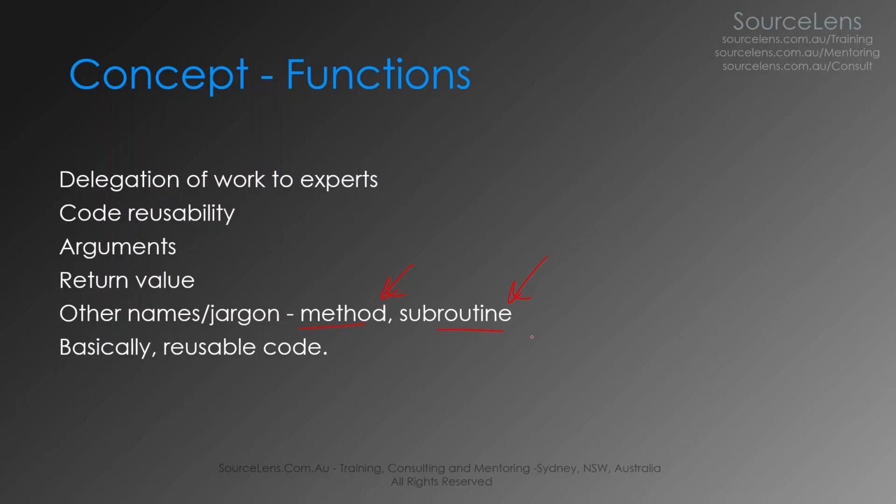I have seen this used in pretty old documents from the 80s and 90s, but a subroutine is also nothing but a function. At the end of the day, functions are nothing but pieces of code which we normally reuse with different arguments. That is the simple definition of a function.